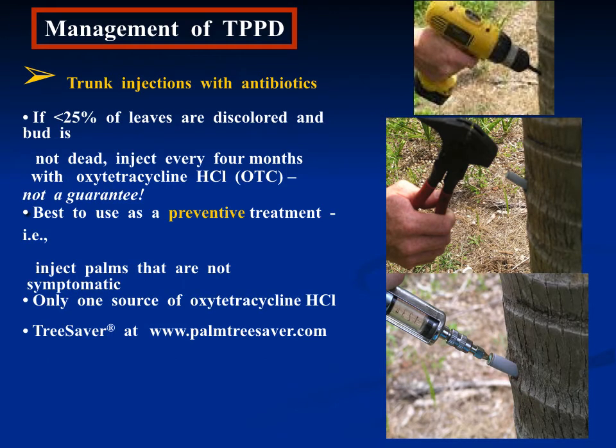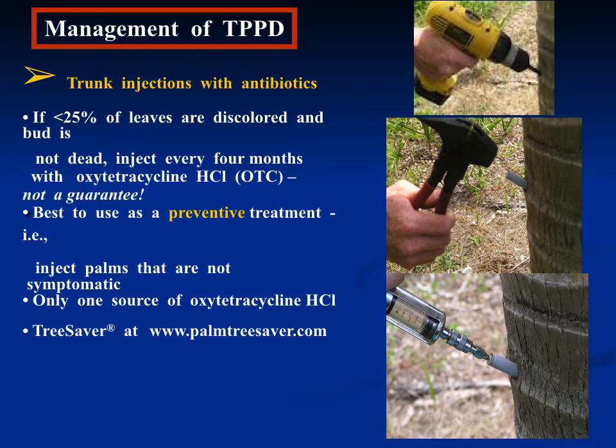I pretty much mentioned some of this, but here again, this is showing the sampling in the upper right-hand photograph with the drill. And this is, not sampling, excuse me, this is showing management using antibiotics. Antibiotics can be used to prevent the disease and possibly even treat it in the very early stages of the disease in the tree.